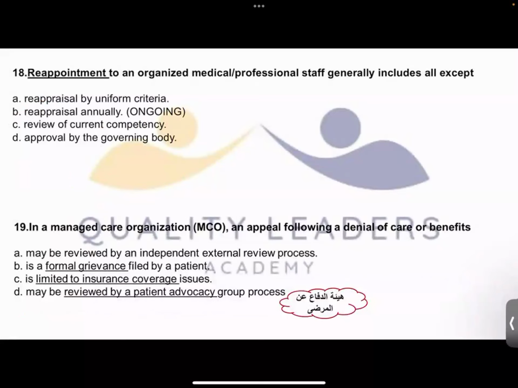Okay, number 18. Reappointment to an organized medical professional staff generally includes all except: A, reappraisal by uniform criteria; B, reappraisal annually or ongoing; C, review of current competency; and D, approval by the governing body.